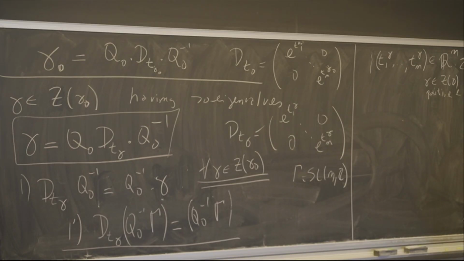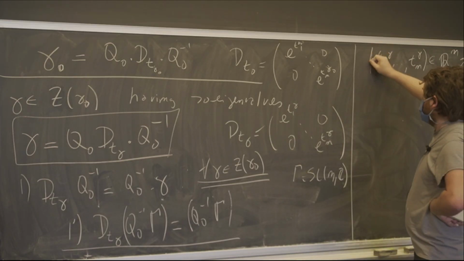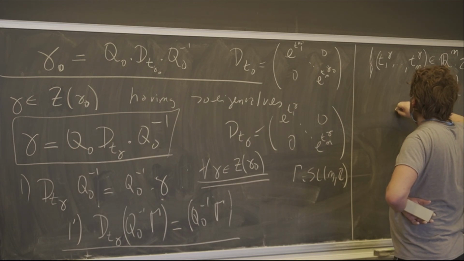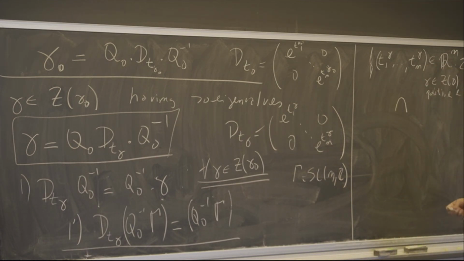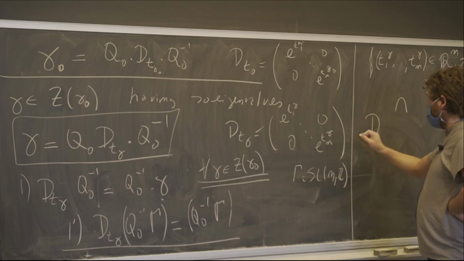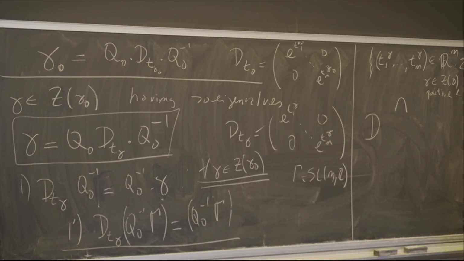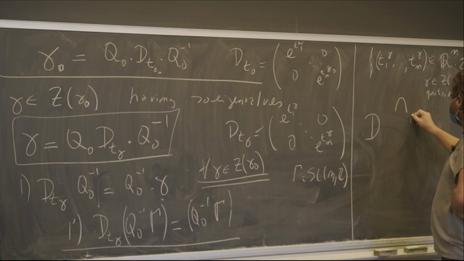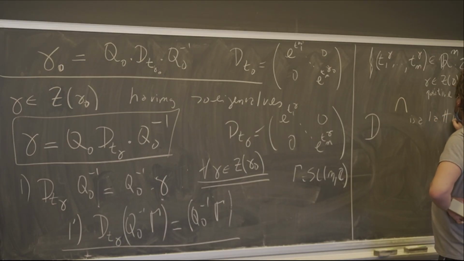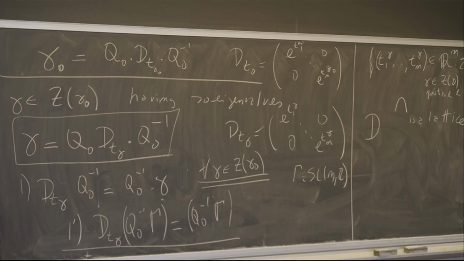So I take all these guys, and this is actually a subgroup of the diagonal group, naturally, and it's indeed a lattice. This requires a proof that we will discuss in a second, but it's a lattice in this set of T1, ..., Tn in Rn such that the sum of Ti is 0.